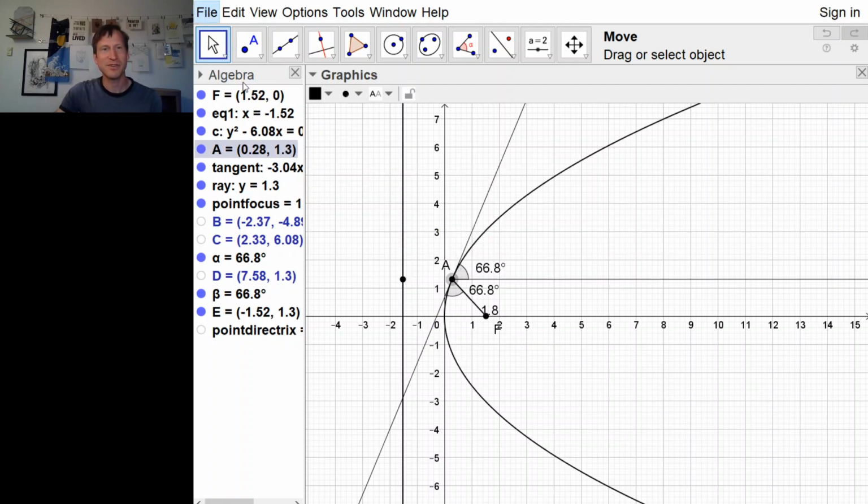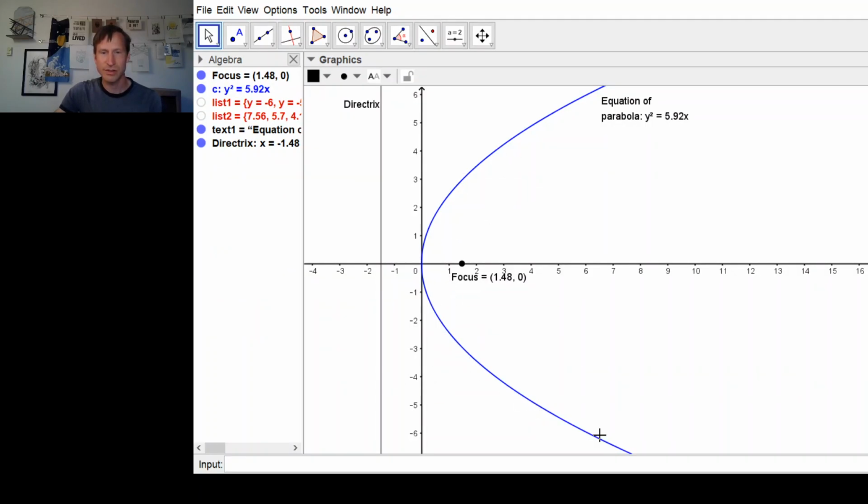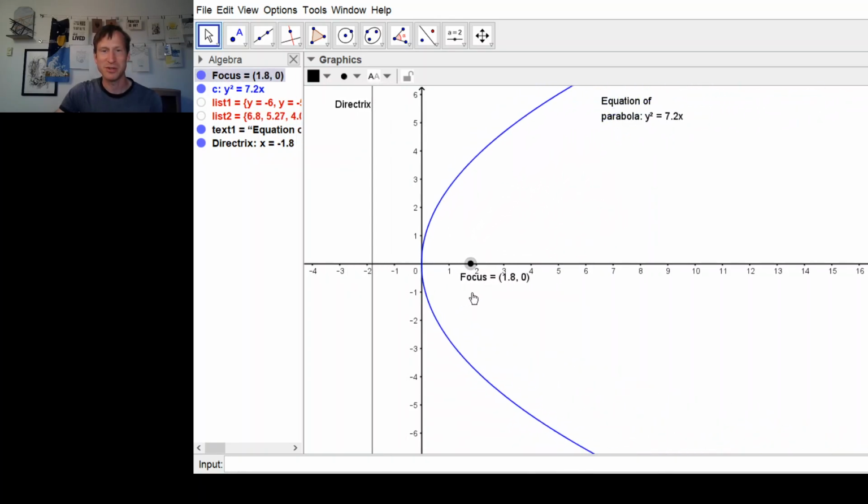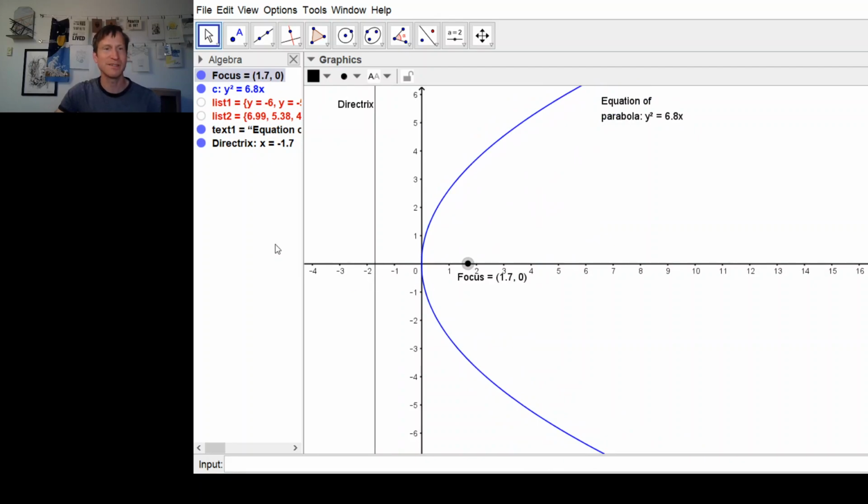So let's have a look at several of these light rays all at once, just to get a feel for how they look all together. So here, this blue curve is our parabola, which we're imagining is a reflector. Again, we have a focus and our directrix, and if we move the focus around, the parabola and directrix track to follow the focus.